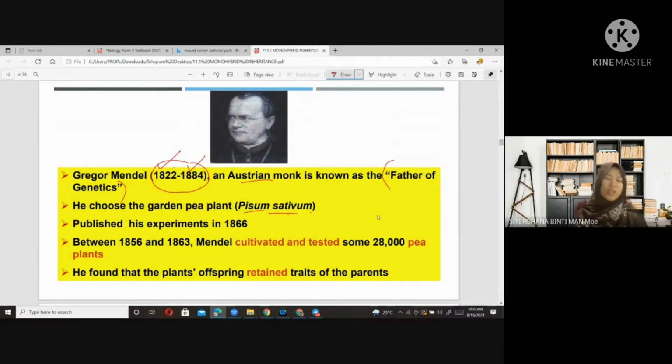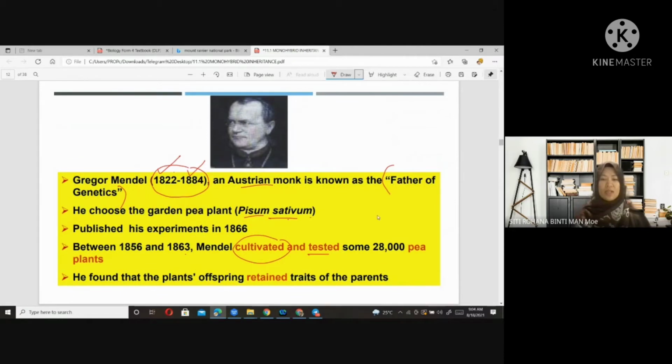So between 1856 and 1863, actually Mendel cultivated and tested some 28,000 pea plants. Cultivated and tested, maksudnya dia akan jalankan eksperimen, dia akan tanam, dia akan harvest, dia akan semai, itu maksudnya semuanya sekali merangkumi 28,000 pokok kacang.